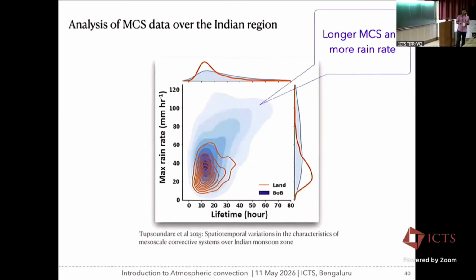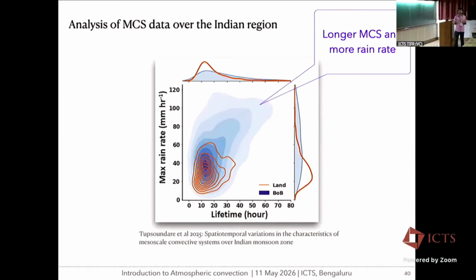So for the Indian region also, there are some recent MCS data. I mean, the data was global, but this plot is only for the Indian region. We remember somebody drew the Bay of Bengal in the convection sketch.